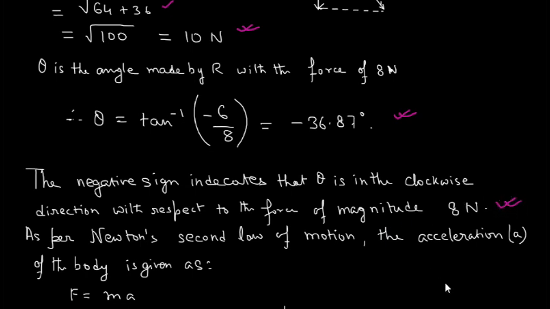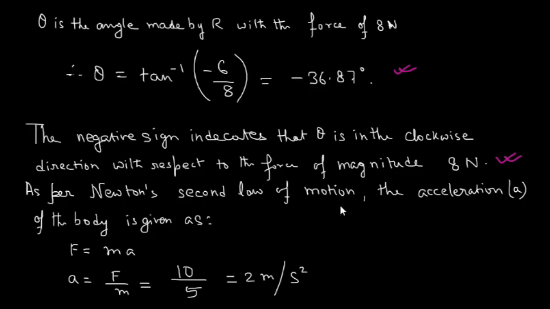As per Newton's second law of motion, the acceleration of the body is given by F is equal to ma, a is equal to F by m, that is 10 by 5, which is equal to 2 meter per second square. 2 meter per second square is the answer.